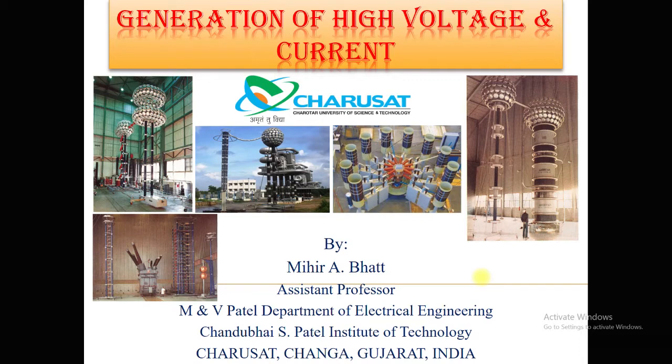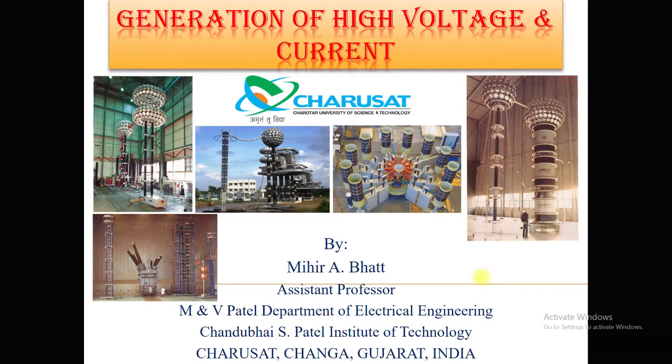There are many techniques available to produce different forms of higher voltage, because to evaluate the quality of the insulation and of the high voltage equipment, it needs to be passed through the application of different types of voltages.